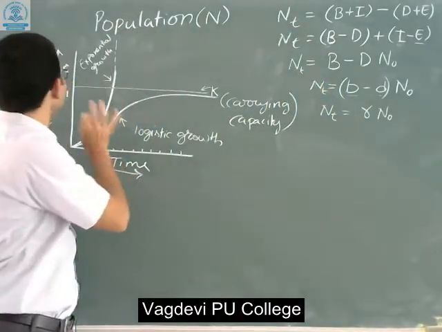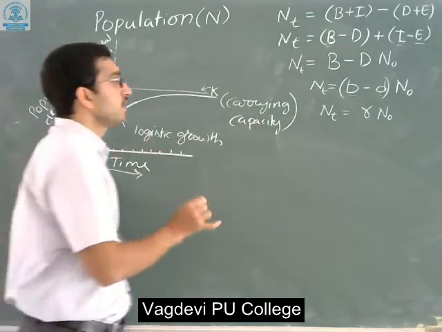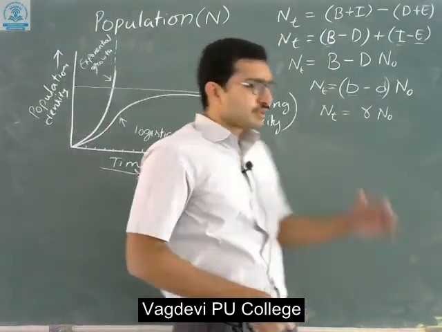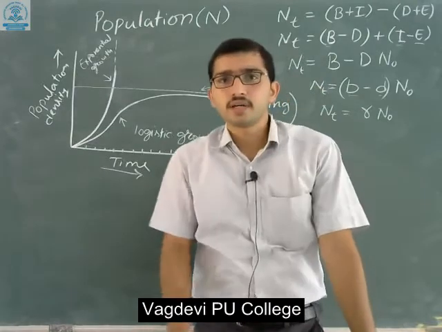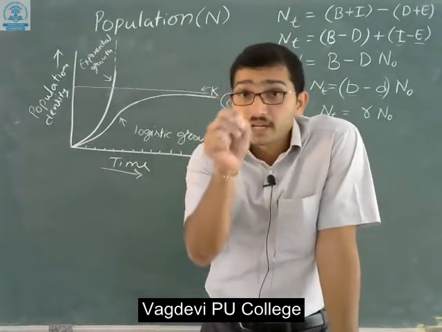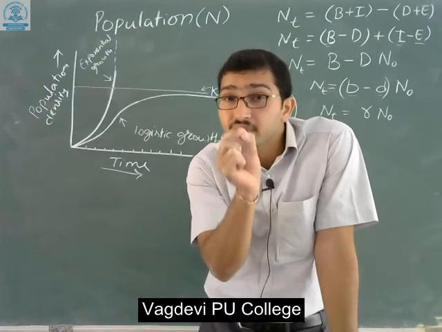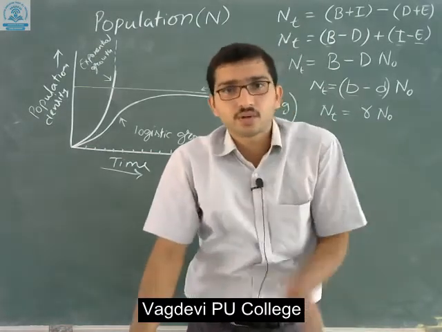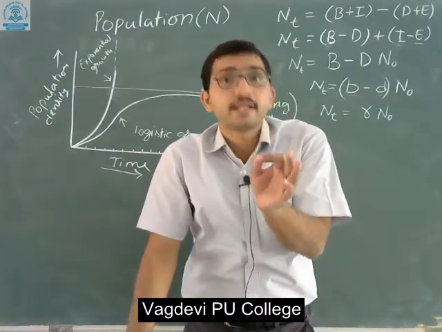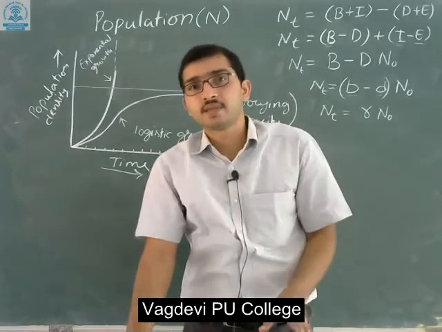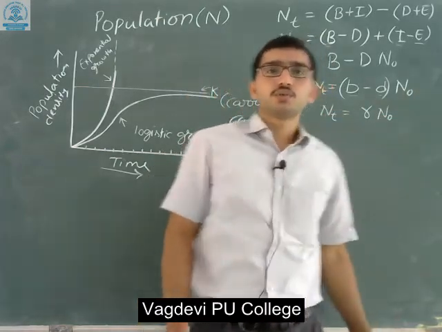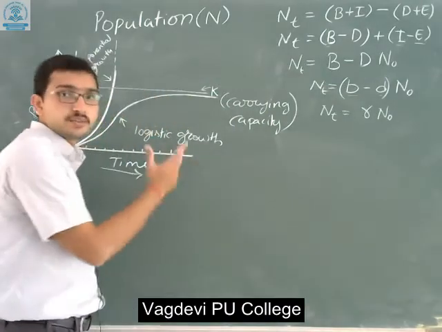Now the population is expanding. You might know only the beginning population density, and now you are going to make the population equation.